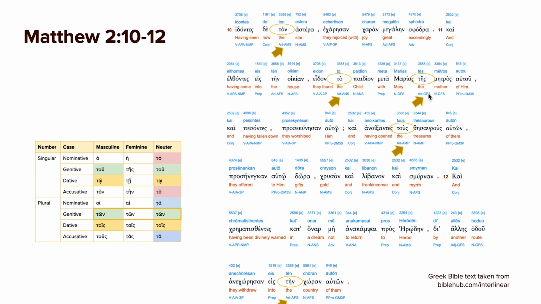Tes, because it's genitive, feminine, singular, right? Genitive, feminine, singular. Tes metros autou. Now, it's his mother. They're talking about they found the child with Mary, his mother. So it's basically his mother is following meta, right? So after meta, you use genitive.